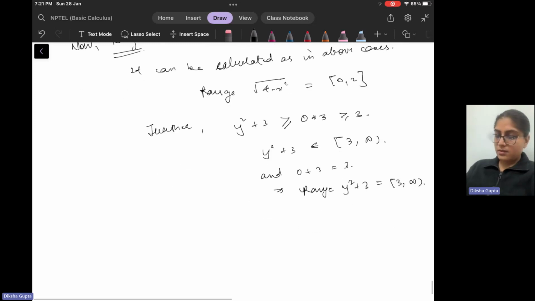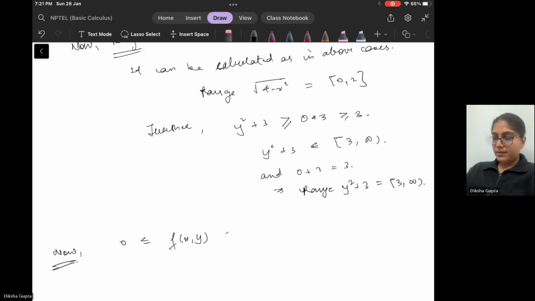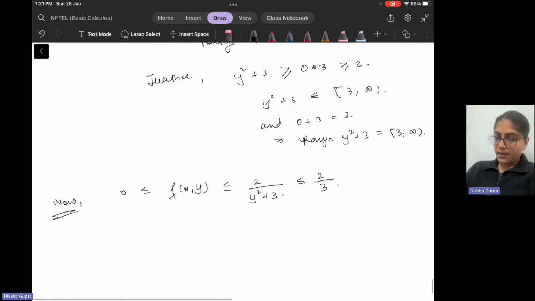So now our f(x, y) is always positive. f(x, y) is greater than or equal to 0 and less than or equal to 2 upon y square plus 3, because the numerator is always less than or equal to 2, and y square plus 3 is greater than or equal to 3. So 1 upon y square plus 3 is less than or equal to 1 by 3, so this is less than or equal to 2 by 3.